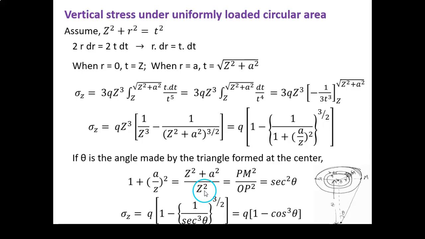Then z square is nothing but opposite side square. So what is hypotenuse by opposite side? It is nothing but secant theta. So we can write it as secant square theta. Now if we substitute this value in place of 1 plus (a by z) square, then we'll be getting the equation like this, from which we can write sigma z equal to q into 1 minus cos cube theta.